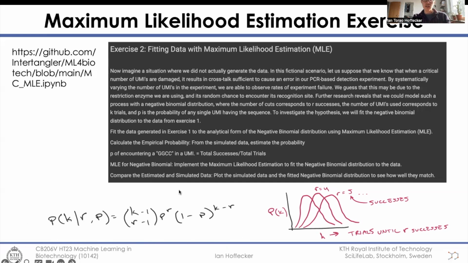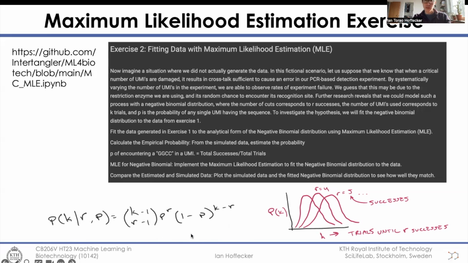So we have an analytical expression here, and we're proposing the hypothesis that this process explains the data that we have. What we want to do is fit this distribution to our data by changing the parameters here.